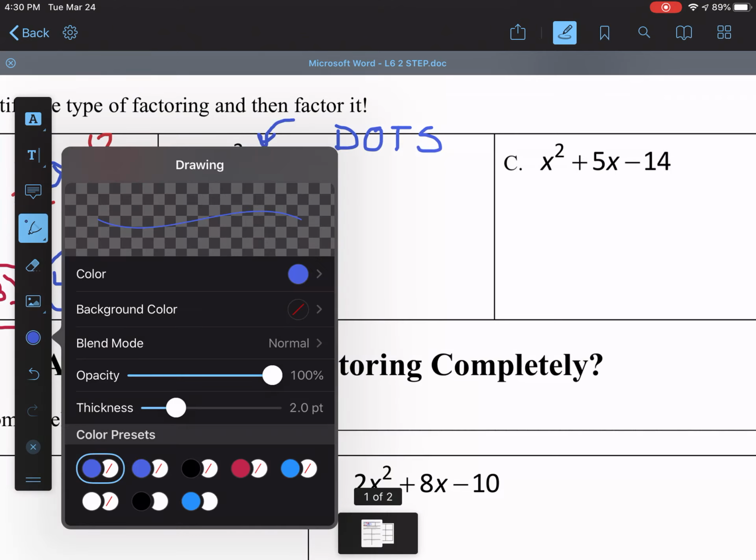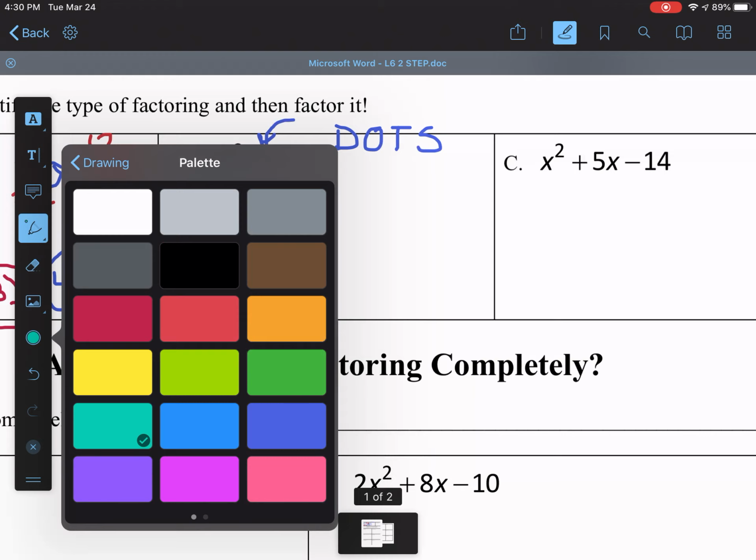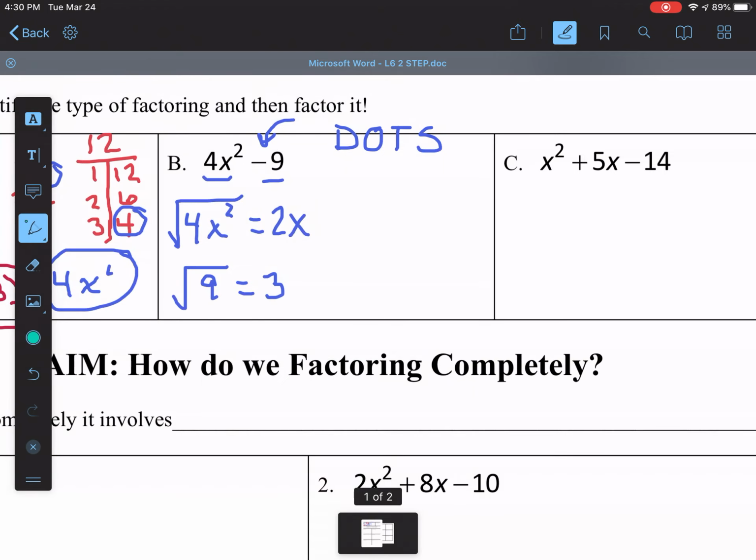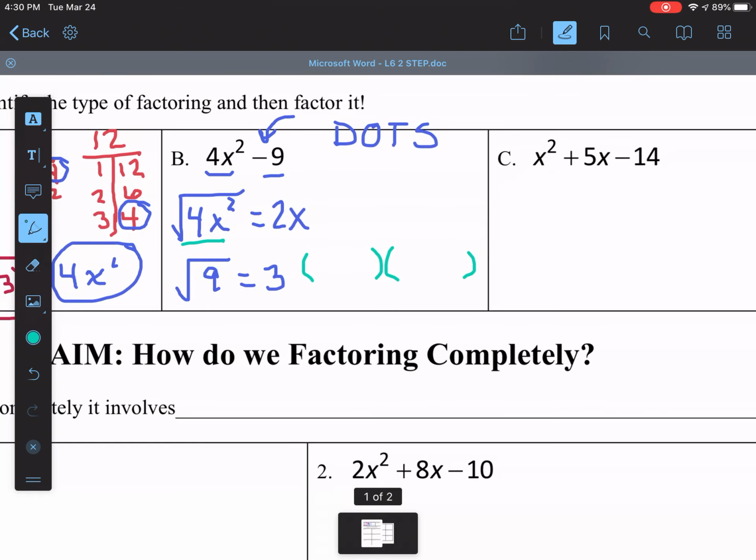So now to write the answer, it's always going to be double bubble. Since the 4x squared came first in our original problem, we're going to put the 2x in the front of each bubble.